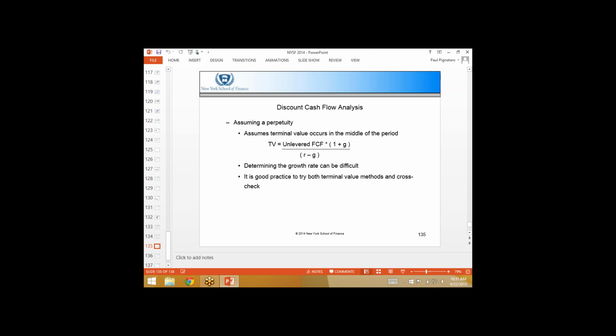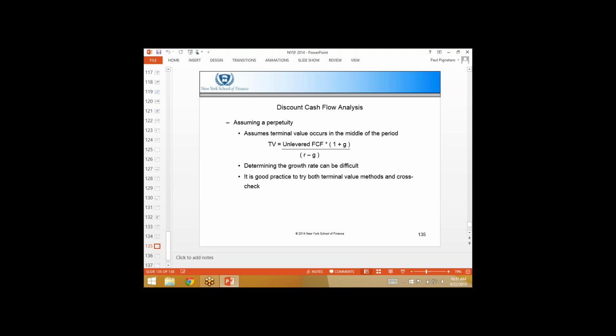The perpetuity method is just a mathematical series. And the formula for the perpetuity is the last year's cash flow times 1 plus G, where G is some basic rate of growth in cash, gross domestic product, inflation, divided by R minus G, where R is the weighted average cost of capital.